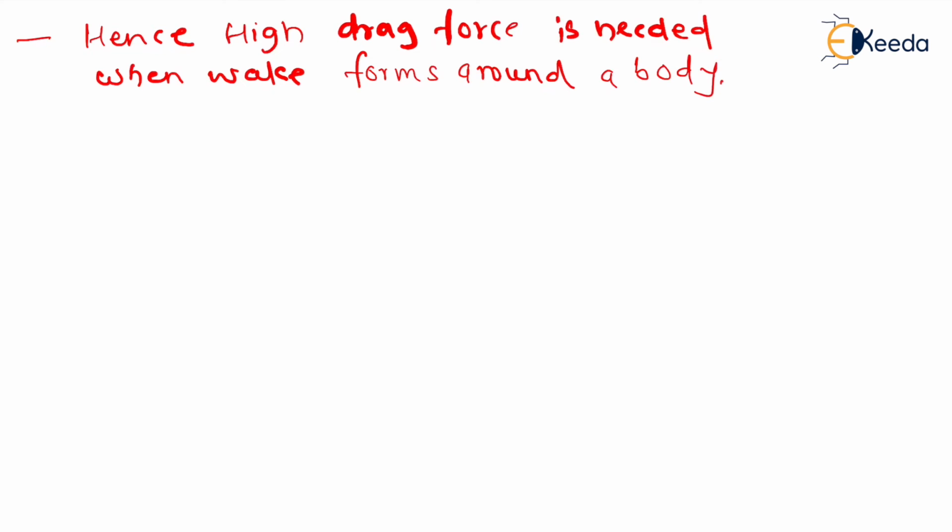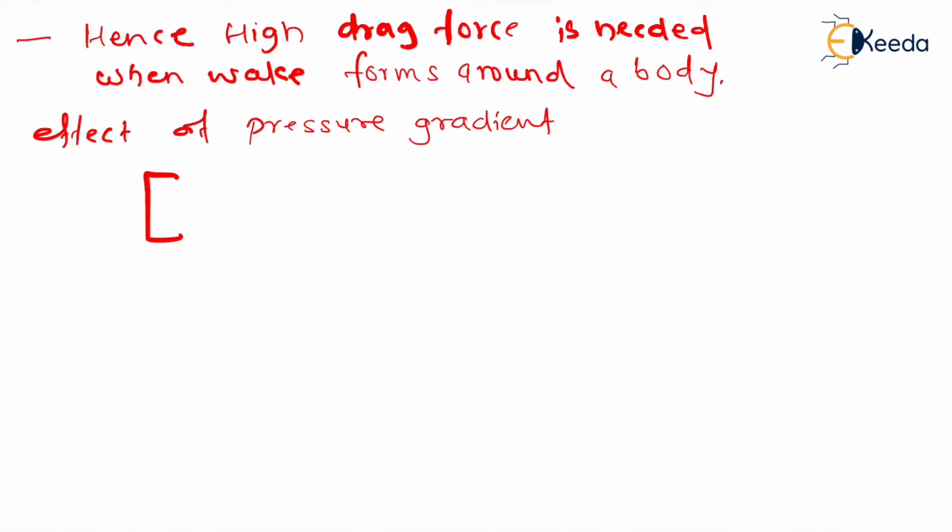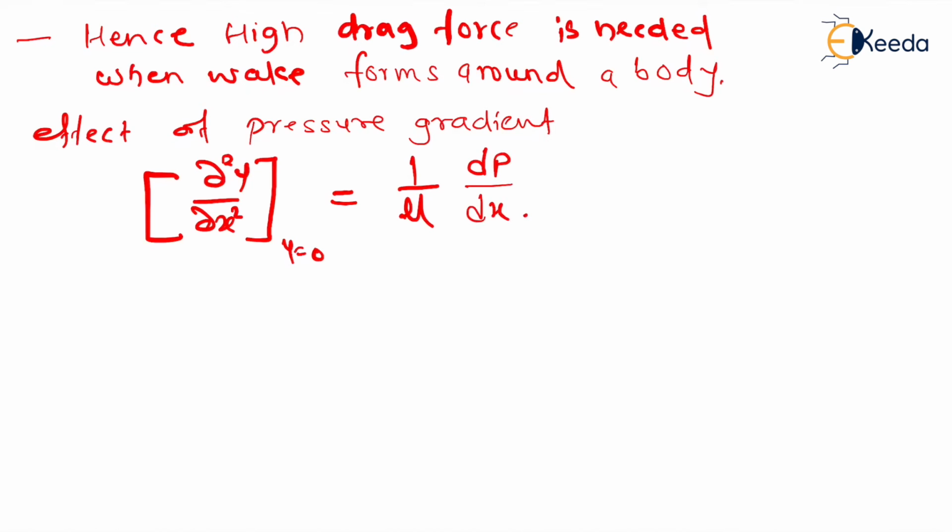Now let us discuss the various effects on boundary layer. So, effect of pressure gradient. We can consider an equation: del square y upon del x square at y equal to 0 is equal to 1 upon mu dp by dx.